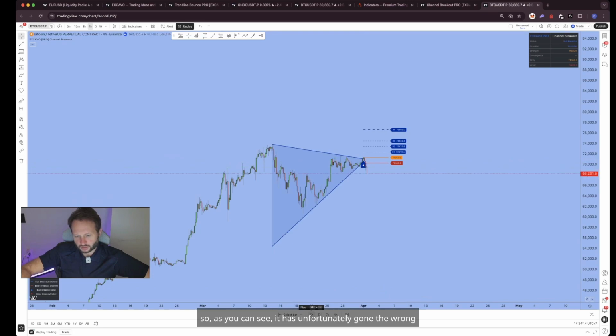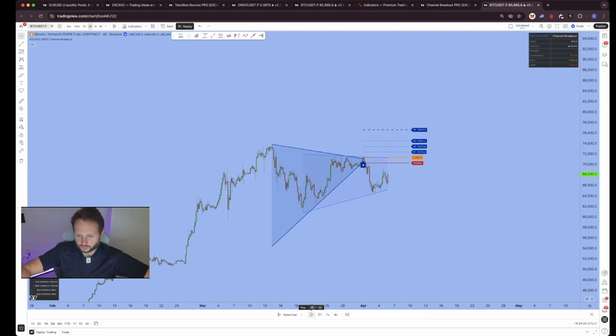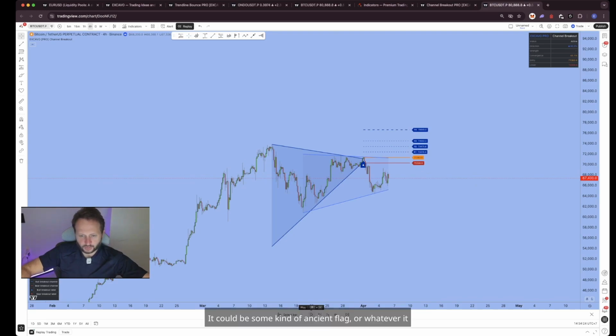So as you can see, it has unfortunately gone the wrong way here again. I honestly don't even know what to say. Perhaps it's some kind of ancient flag or whatever it is they actually found there.